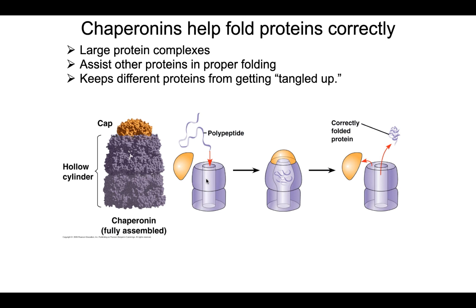It's isolated from all other proteins within the cell. It can fold properly on its own, and then it's released. So these chaperonins, they don't provide information for how a protein folds. They just provide an isolated environment so that the proteins don't accidentally get tangled up with other proteins as they are folding into their correct structure.